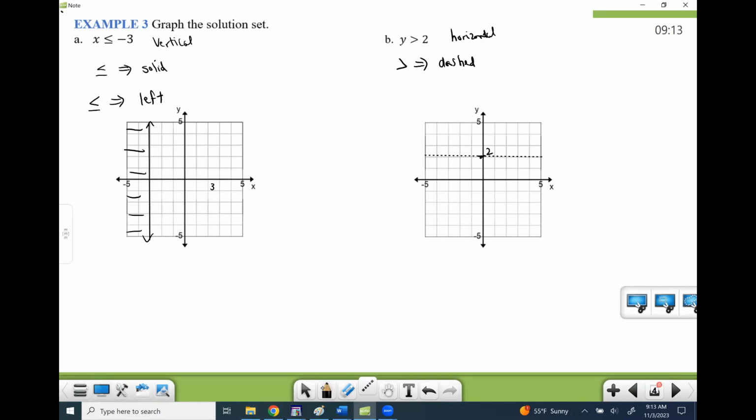Okay. And then, oh, that was weird. Disappeared on me. Let me try that again. y equals 2. There we go. Okay. So this time, what the greater than implies is that we're going to shade above, just like on those first few examples. There we go. So that's all the solutions to these inequalities.